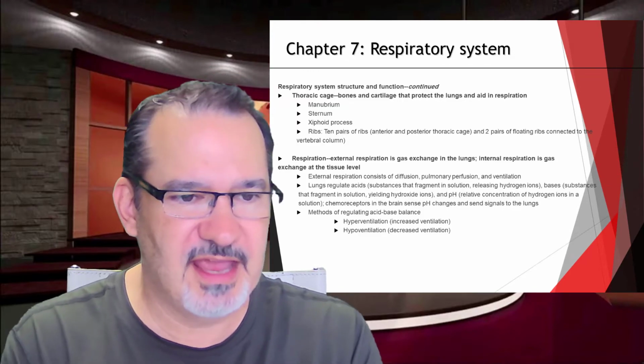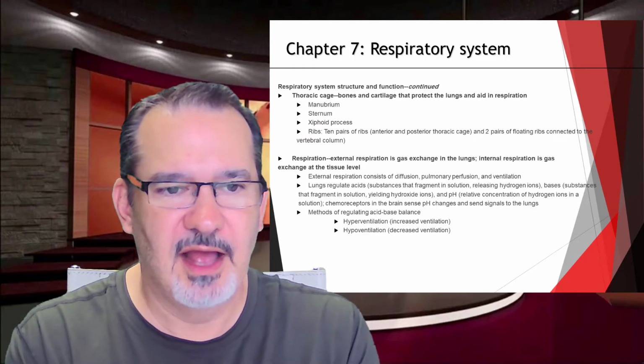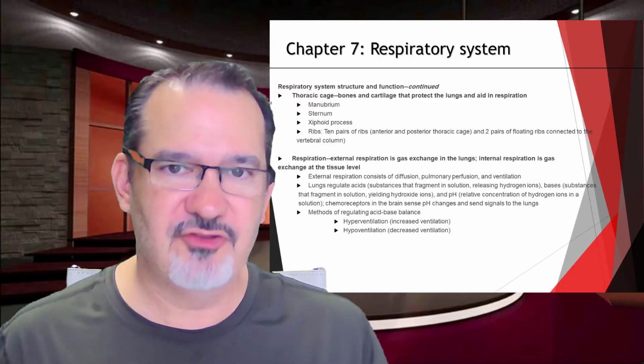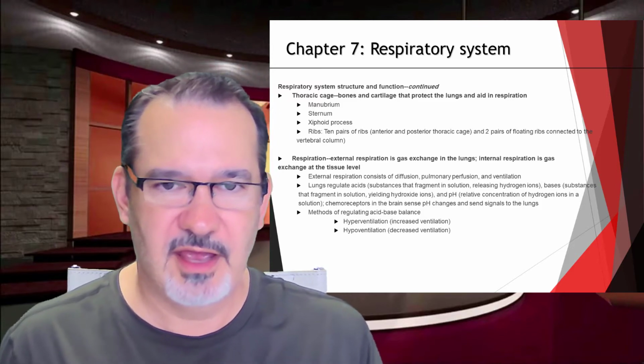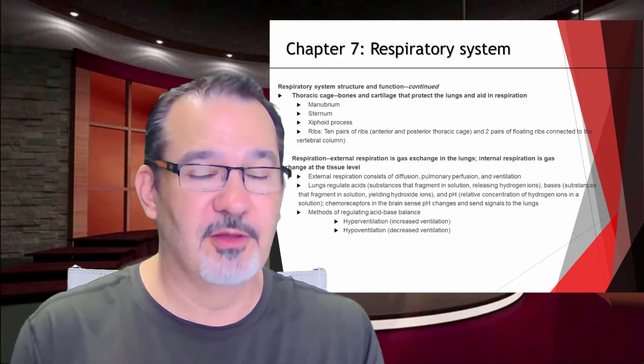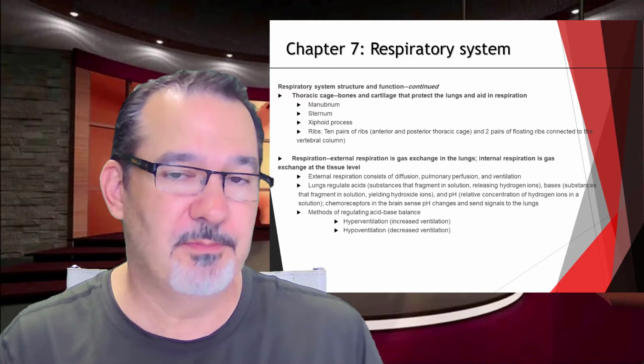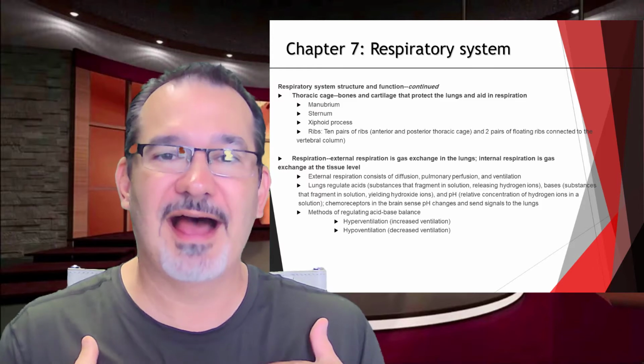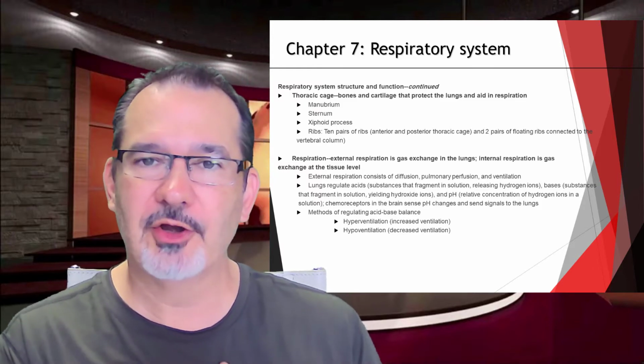So the thoracic cage contains bones and cartilage that protect the lungs. We're talking about the rib cage, or the thoracic cage, which contains the sternum, and the sternum has three parts. So you have the manubrium, which is the top of the sternum. It's a little bit wider.